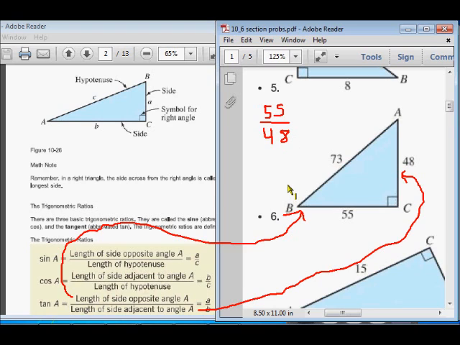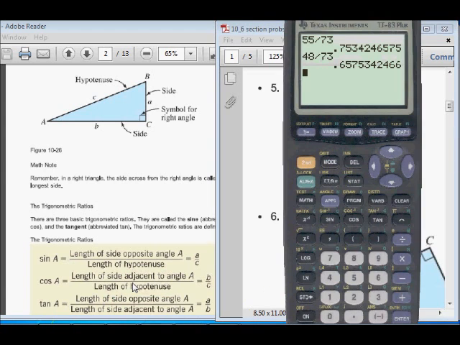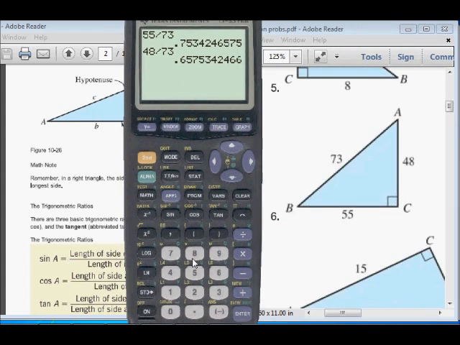And remember, 55 divided by 48, and this is for the tangent of angle A. Go to my calculator. 55 divided by 48, enter. And those are our three answers. That's how you come up with the sine, the cosine, and the tangent of angle A.